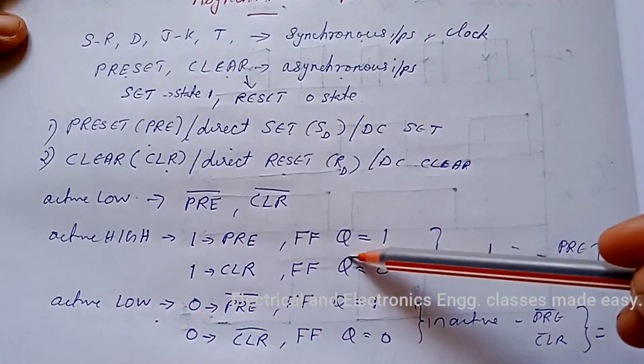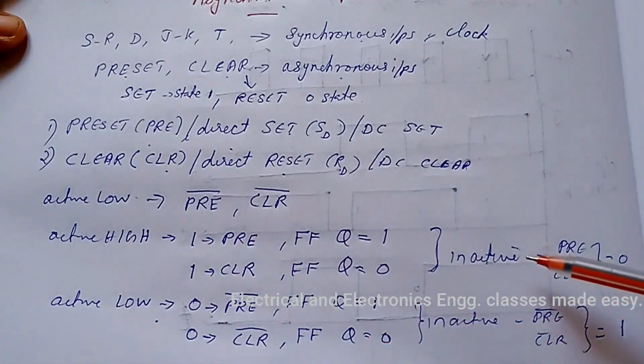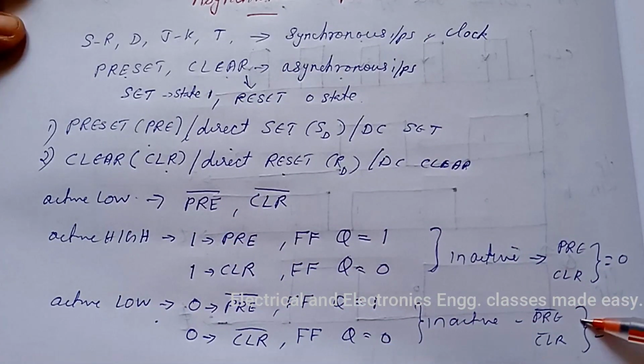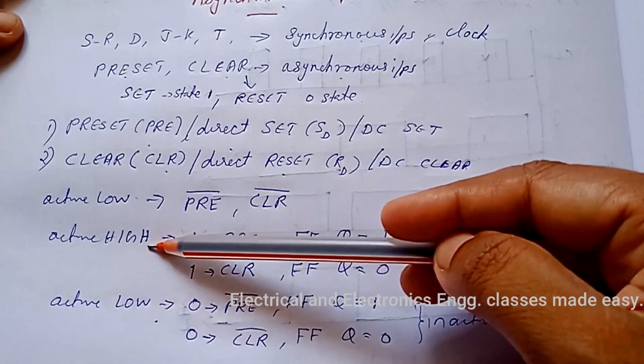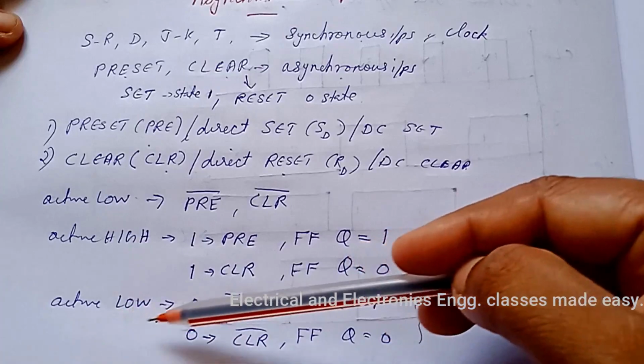So these are the active conditions and these are the inactive conditions for both the preset and clear in case of active high input and active low input.